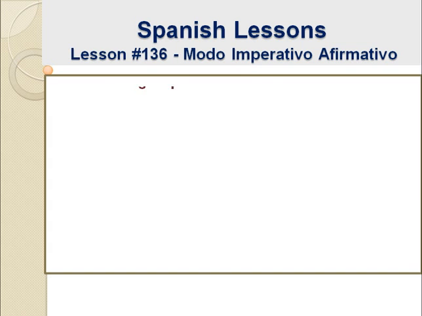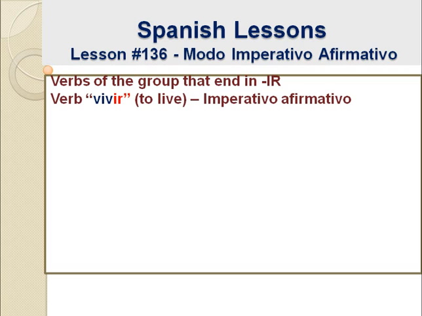Now we will end our lesson with the third and last group of Spanish verbs, the group of verbs that end in ir. This third group is the smallest of the three groups, and it's also the one that has more irregular verbs. Example of a regular verb of the third group, the verb vivir. Vivir means to live.